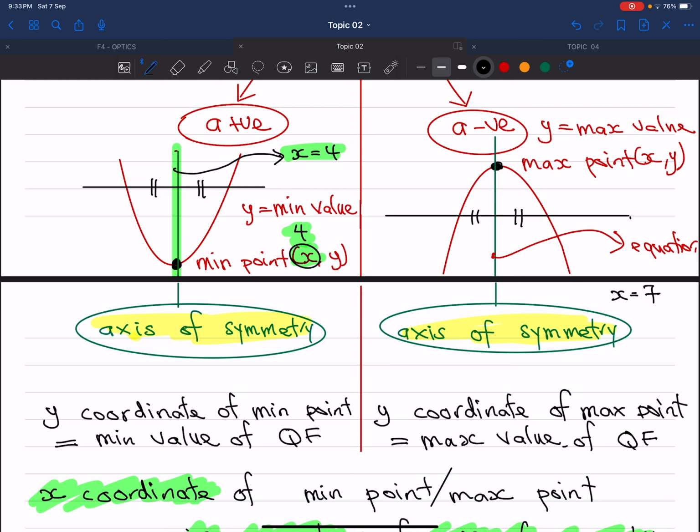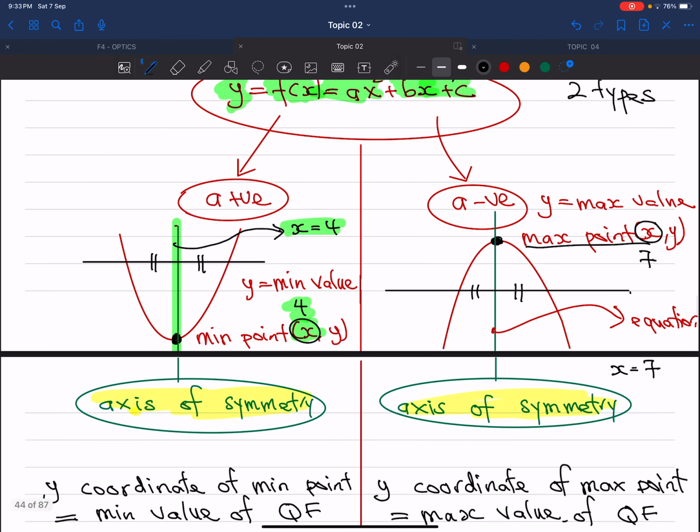Another simple example, let us say the x coordinate for the maximum point is 7. Therefore the equation for this axis of symmetry would be x equals 7.